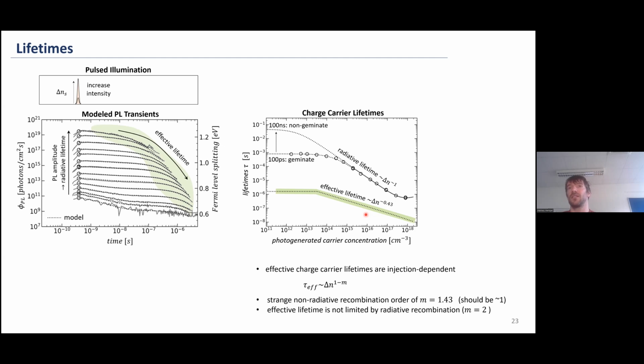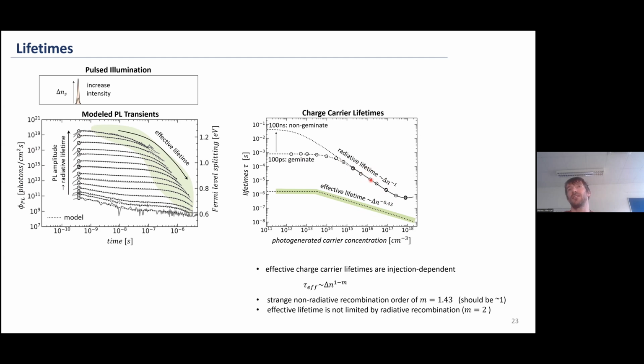But because I calibrated my setup to absolute photon numbers, I get the radiative lifetimes from the amplitude of the PL. I plotted them in here, and you can see that the effective lifetime is not limited by the radiative lifetime, which has been discussed quite a lot in the literature. For my sample here, it's not.